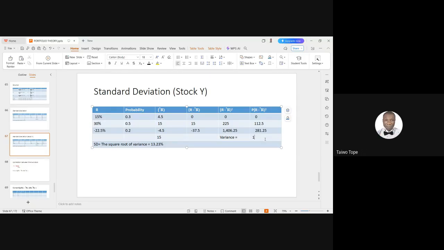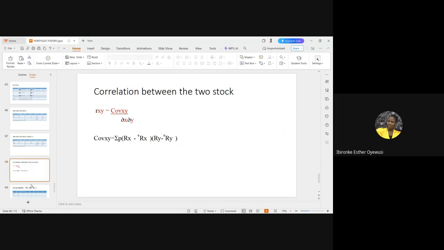The variance will be 393.75, and your standard deviation will now be 19.84%. Yes, 19.8.